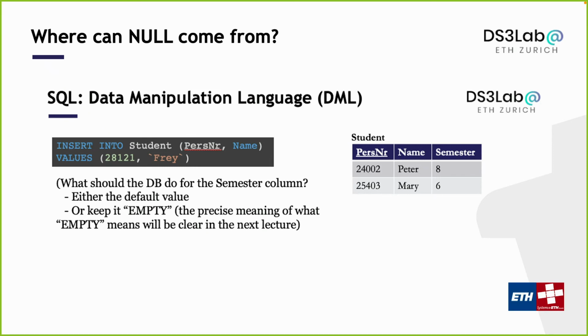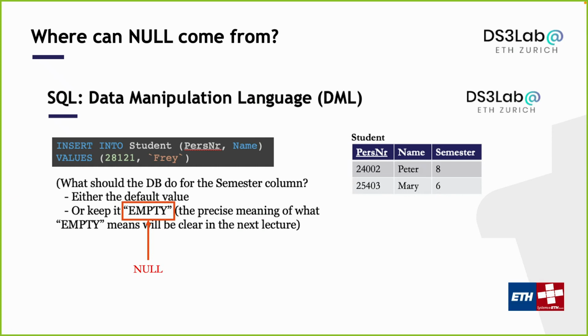If you have an insert into query, for example, you have one relation with 3 different attributes, and when you insert something, you only give me 2 attributes. What should I do with the other one, right? Last lecture, we talked about, yeah, you keep them empty. What do we mean by that? What we mean is actually you put the null there into the attribute that's not specified in the insert into relation. Okay, that's something that could happen.